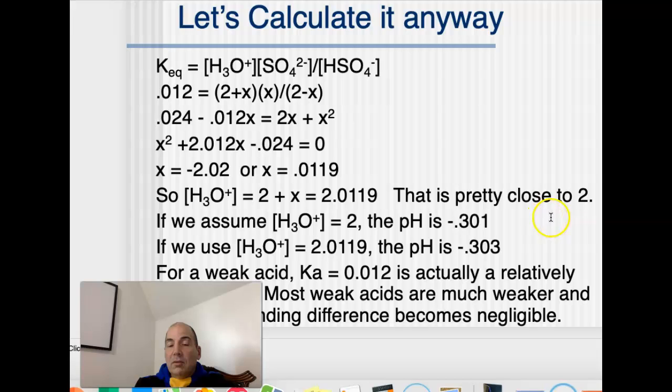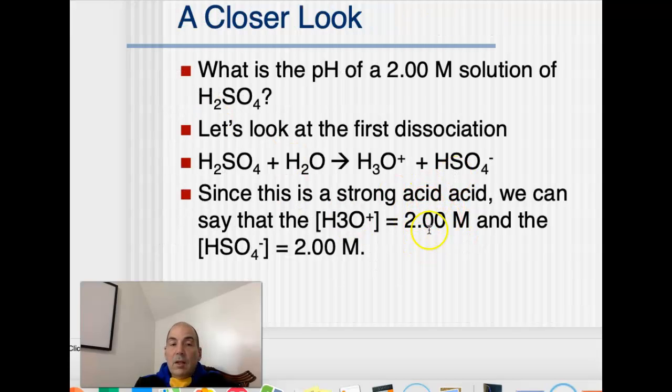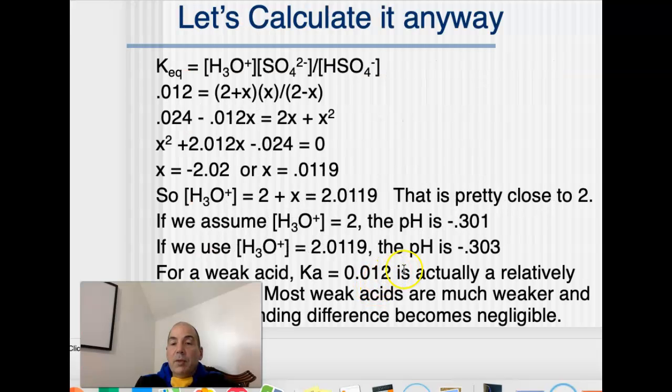Not a huge difference. But the point is, we really didn't need to go through that whole extra step. If we had just assumed right from the start that hydronium was 2, like it was from the first reaction, there was no reason to really go through and calculate it all out, okay?